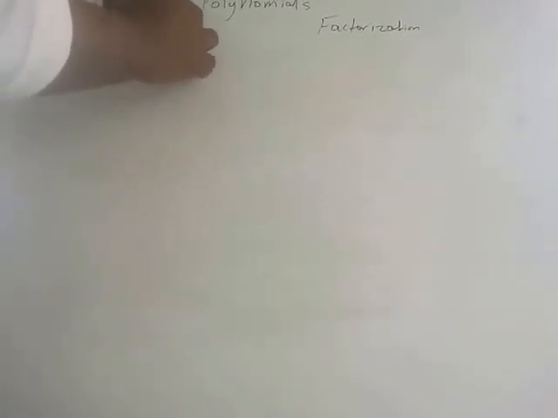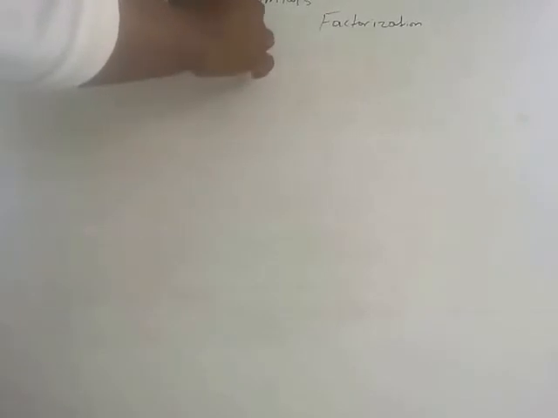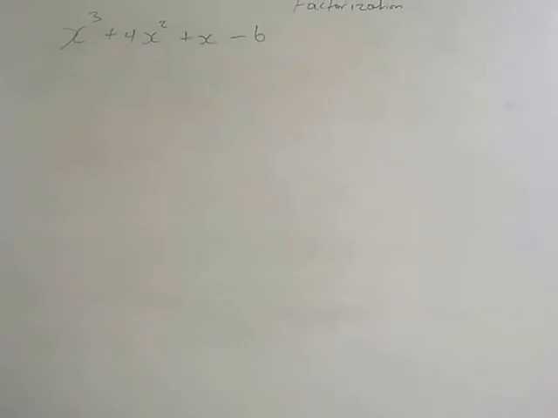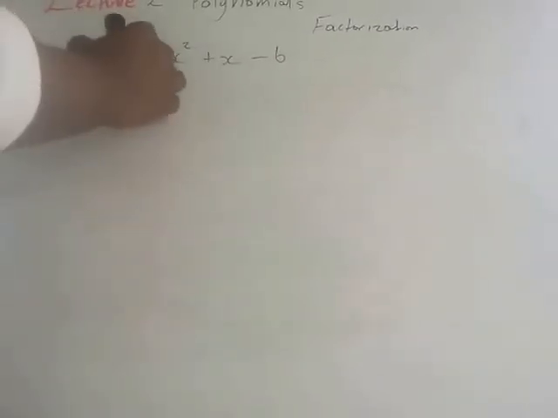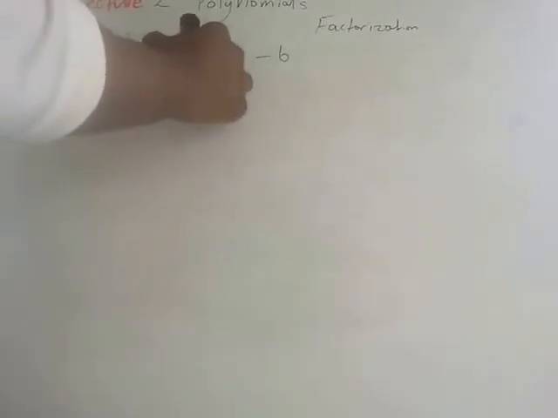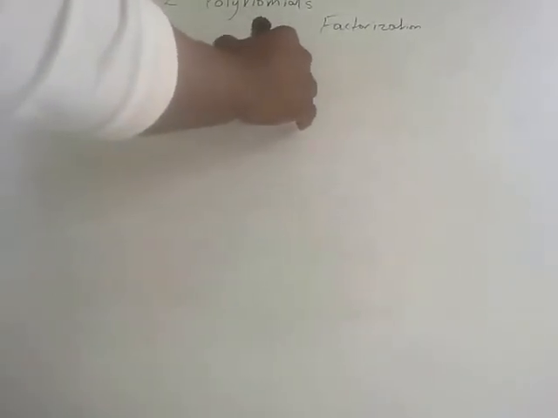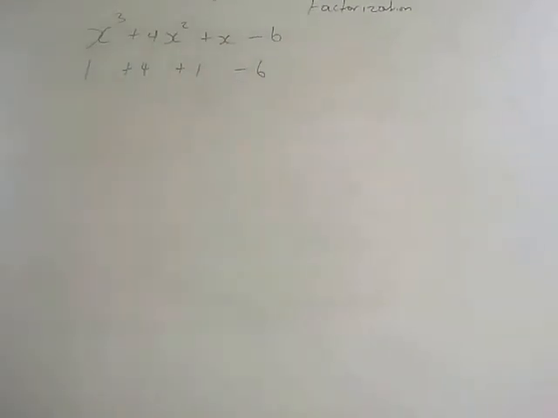Most lecturers call it the synthetic method, but I simply call it the coefficient method, because what we're going to do is write back the coefficients of the expression x cubed plus 4x squared plus x minus 6. So first we write back the coefficients, which are 1, 4, 1, and minus 6 as the constant.